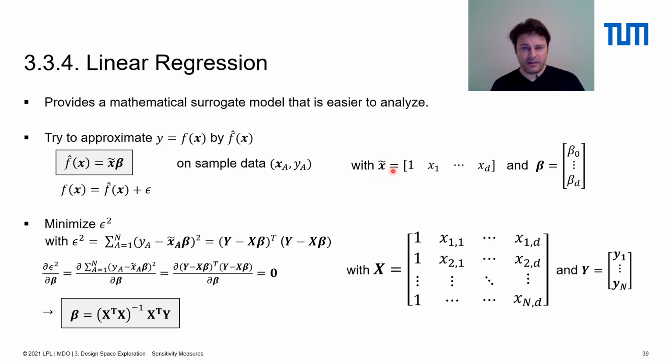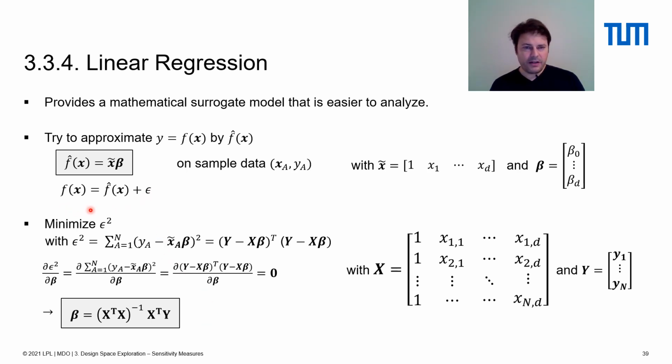Let's call x tilde an extended design vector that also includes one component that is just one, and that is done to simplify the math, so you can express your linear approximation or a regression model as a dot product of these two vectors, x tilde times beta. And in beta, you have all the coefficients that need to be adjusted for this regression model to resemble the original black box function.